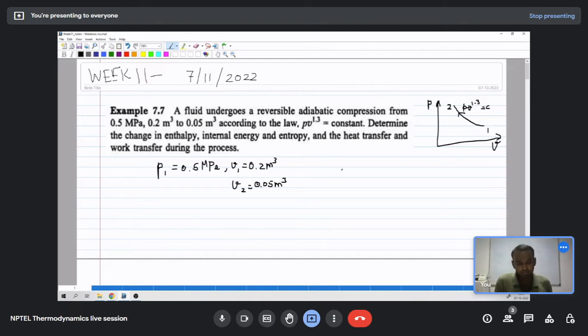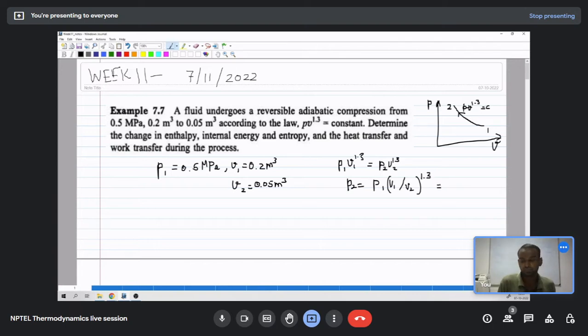Based on PV power 1.3 equal to constant, we have P1 V1 power 1.3 is equal to P2 V2 power 1.3. So with this we will get P2 as P1 into V1 by V2 the whole power 1.3.